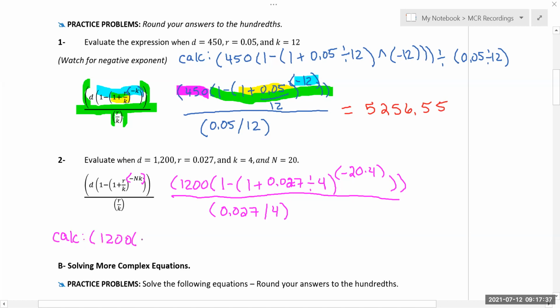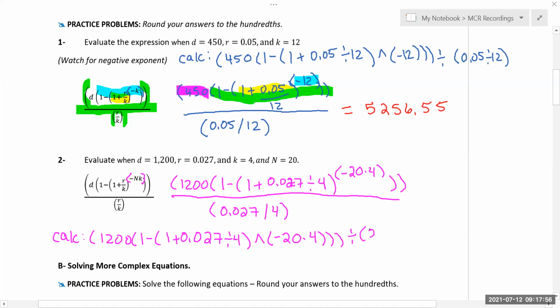Then you could do parenthesis 1 minus 1 plus 0.027 divided by 4. And then caret, negative 20 times 4. Okay, we added those in, so then there's still 1, 2 to go.